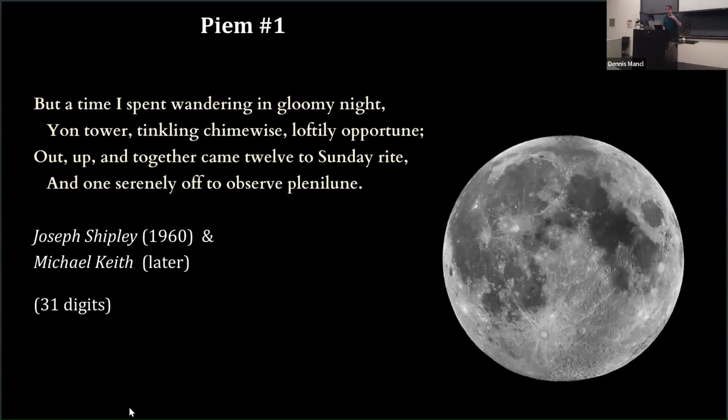Both of these poems I'm going to show you were written 30 to 50 years ago, and I couldn't help it but to try to polish them a little bit and make them better.